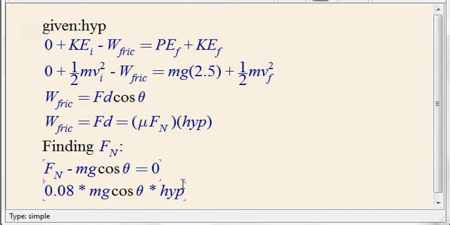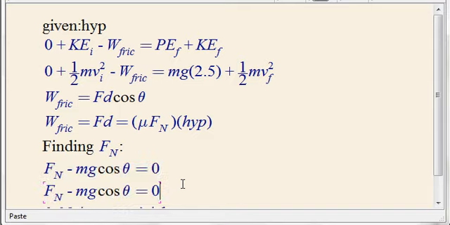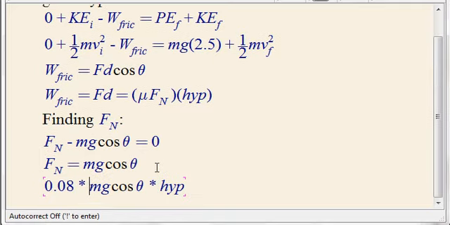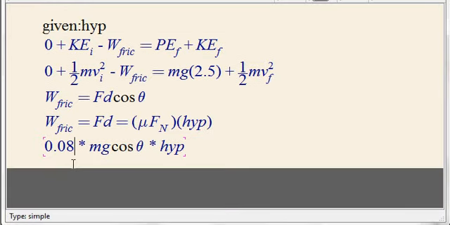And so Fn equals mg cosine theta. And most of the time you can skip that step because there's not really anything else happening in the direction perpendicular to the snow. But it's always good to write out that two-step evidence of Fn. Which I'm taking out now because it complicates the problem in this case. And I'm trying to show the simple solution.